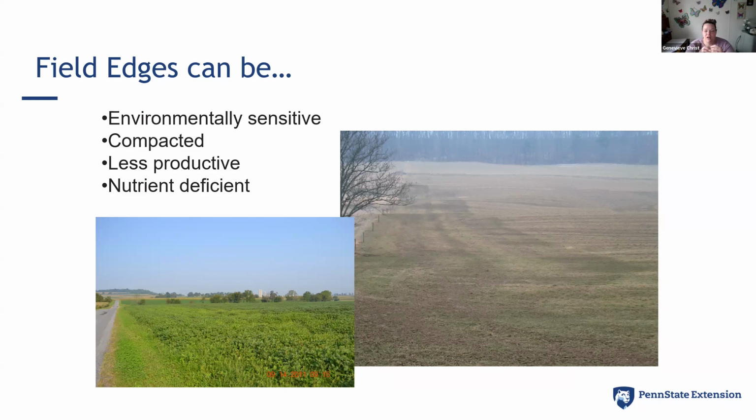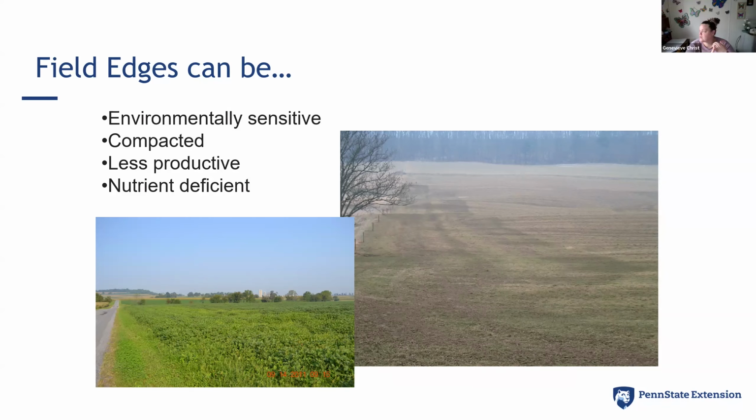They may need more manure nutrients, and soil tests can help document that, but also they may have too many manure nutrients because they are less productive. And so soil tests can also help with that. So we want to think about our field edges in planning, because sometimes they are not always the most accurate representation.